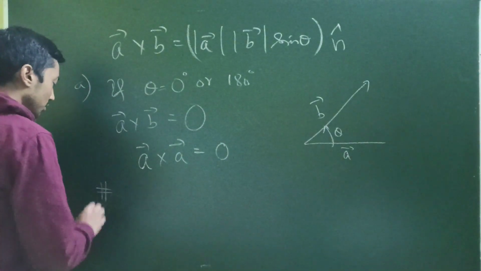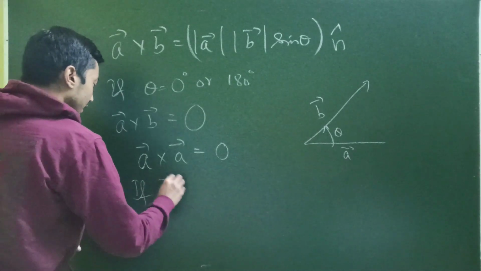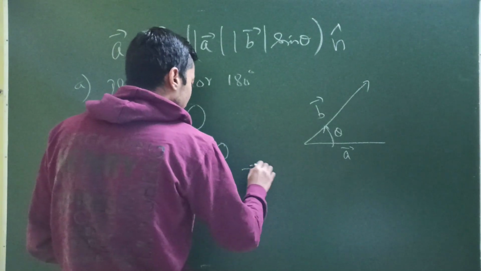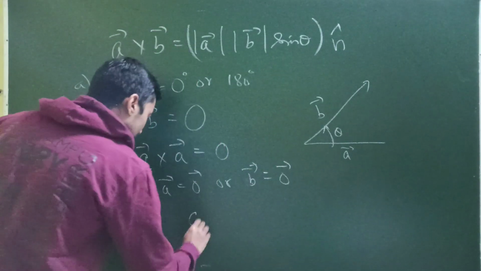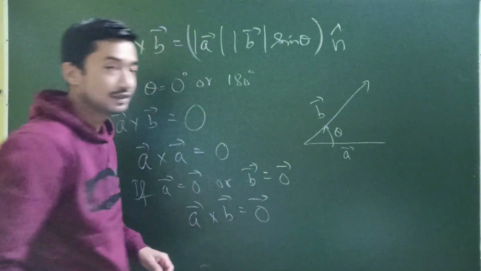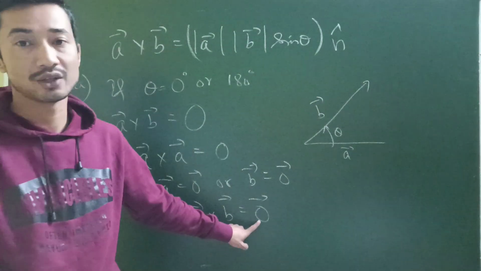Alright, another case will be if vector A is a 0 vector or vector B is a 0 vector, then in that case also A cross B will definitely result in a 0 vector. Remember in scalar dot product, this was just 0.